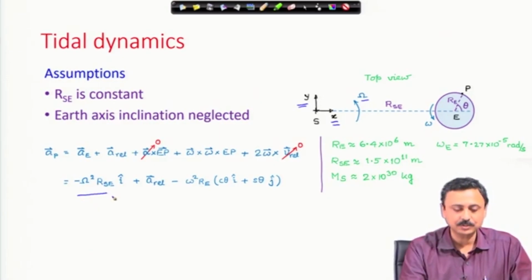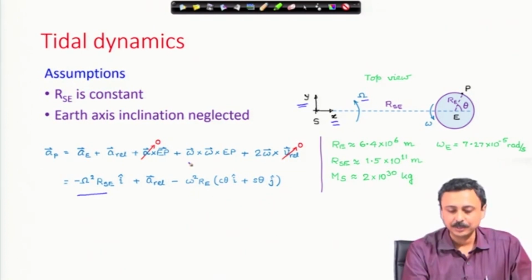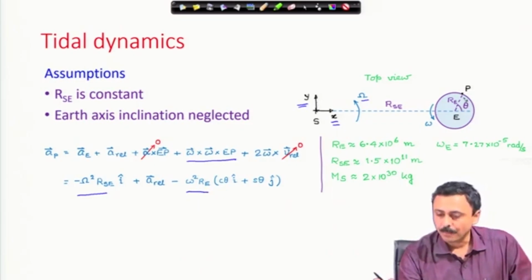This is a standard expression for the centripetal acceleration, there is no tangential acceleration, plus AREL vector, which actually is what we observe or measure on the earth of that particle P, minus omega square r e. So, this is the centripetal acceleration term. This acceleration term will be omega square r e, and its direction is minus E p cap.